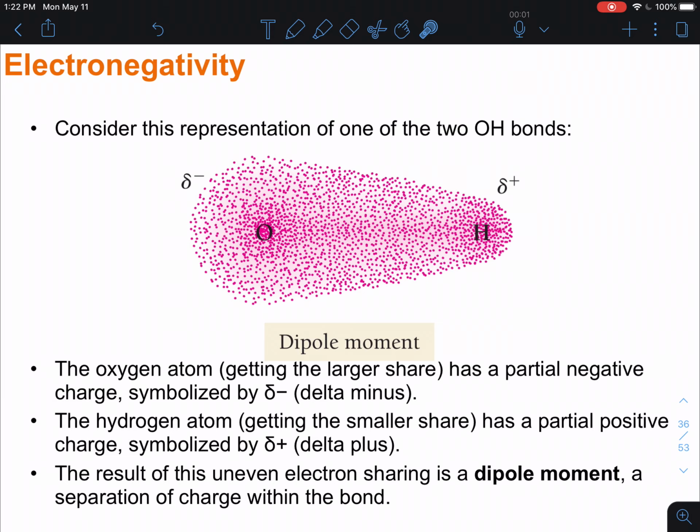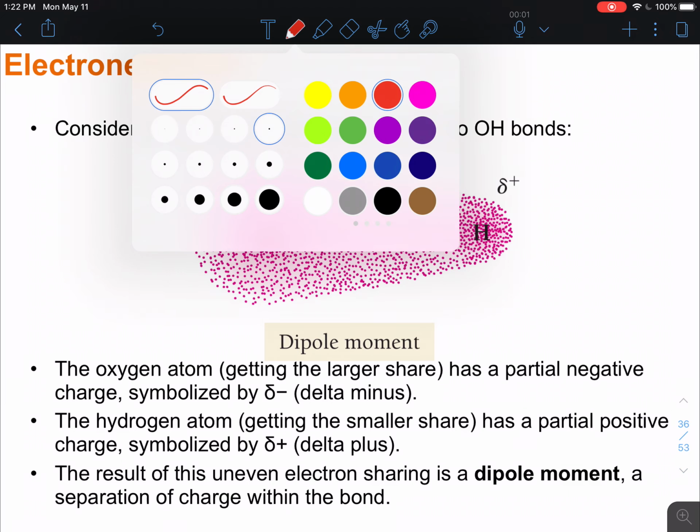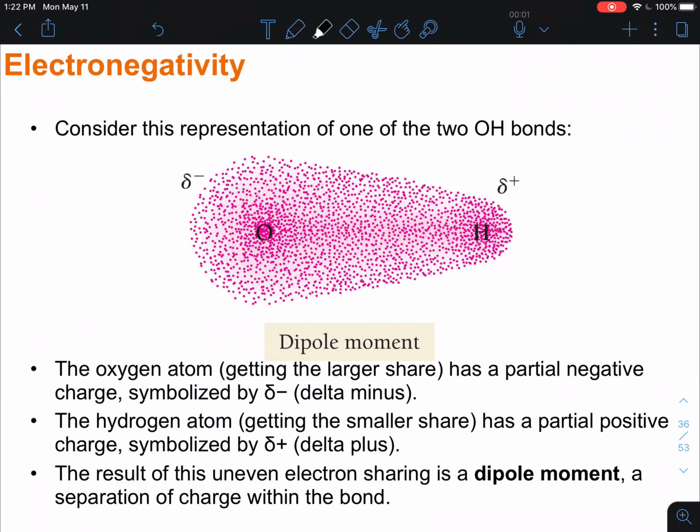This isn't a really great graphic and it's kind of hard to see here, but long story short, the oxygen has more electron density around it than hydrogen. That means the bond between oxygen and hydrogen is not equal because there's more electron density over here than over here, okay?